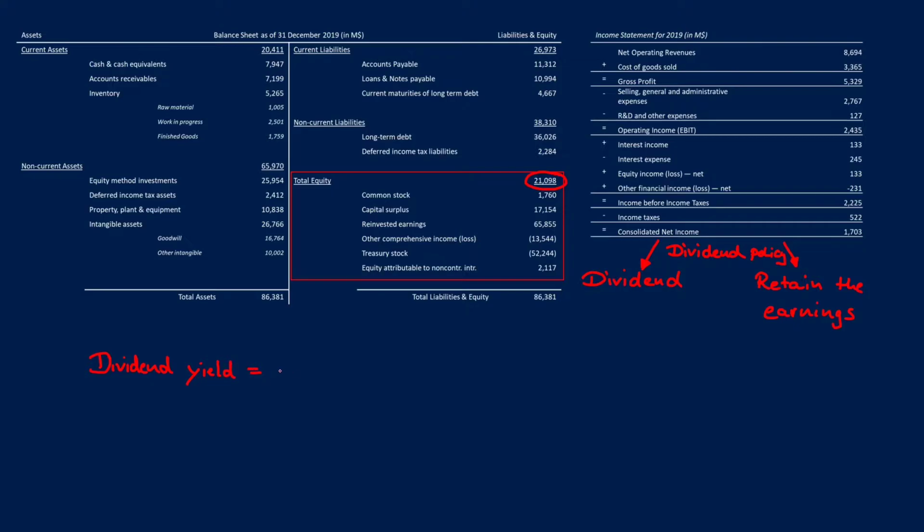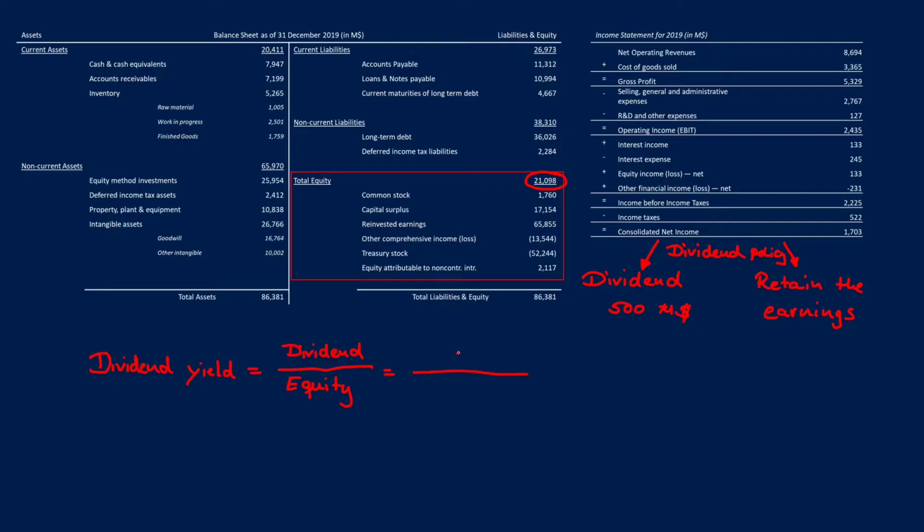And the dividend yield is thus defined as the dividend divided by the equity. Of course, if I say dividend, I mean the whole amount of dividends paid out and not the dividend of a single share. Well, we do not know about the dividend in this case. Let us just assume that the dividend is $500 million.